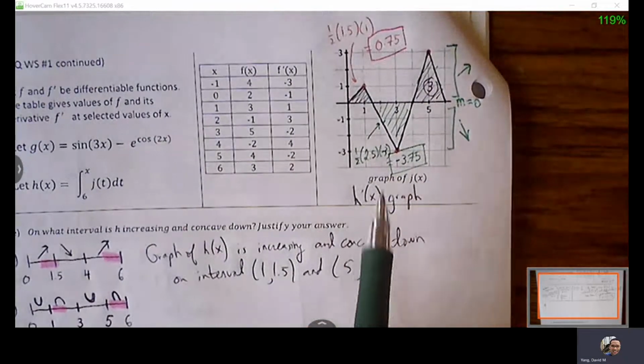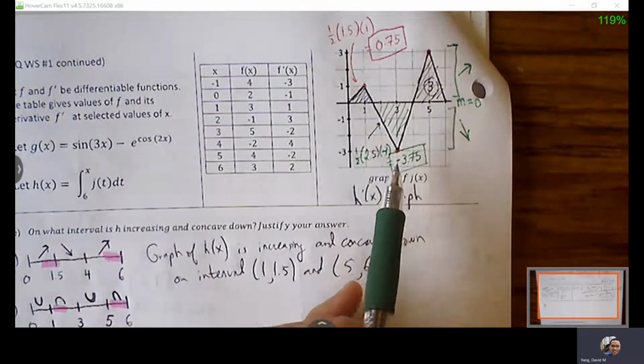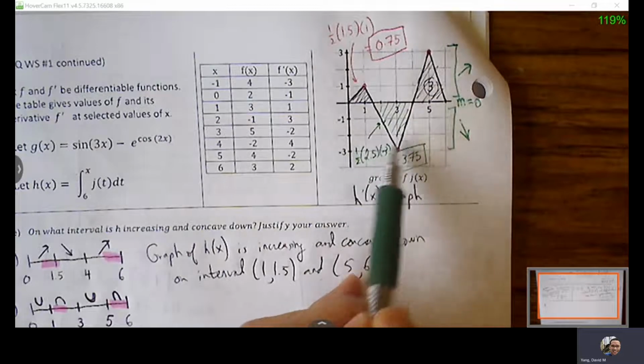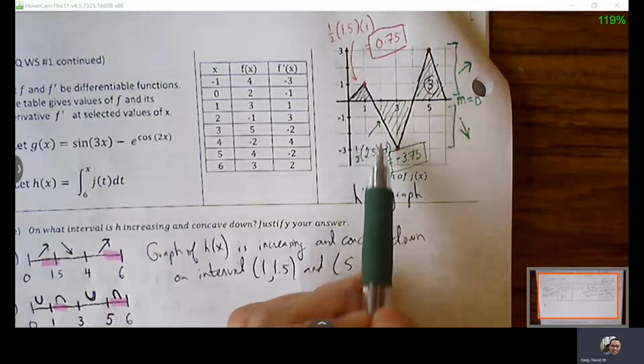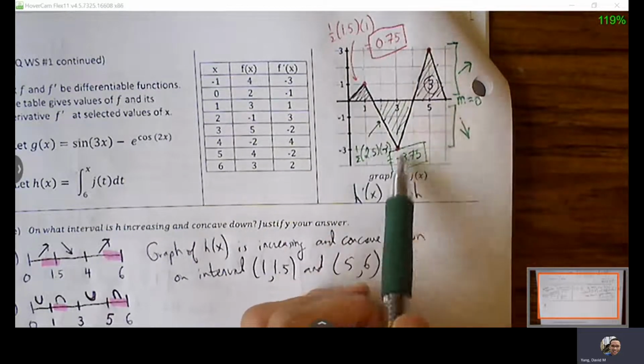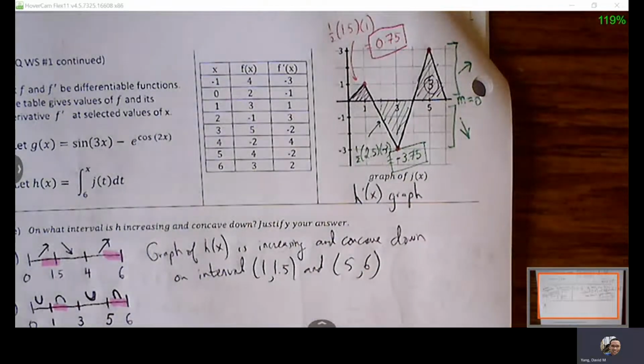So just to speed things up here, that area triangle is 0.75. This one is negative 3.75 because it's below the x-axis, and this is positive 3. So from 0 to 6, I'm just going to add up all those values. But then I'm going to keep track of that negative out in front there.